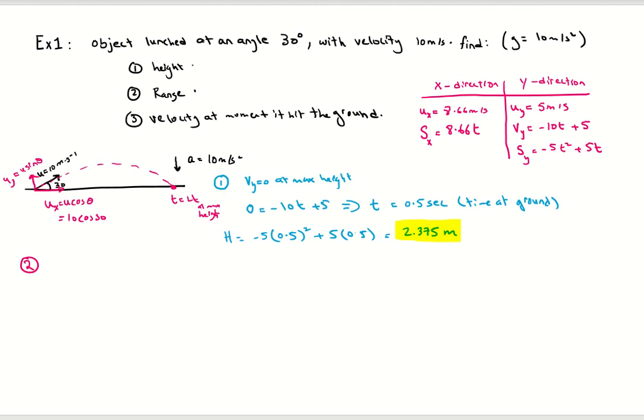Maybe I was directly asked for the range. So I need to find the time at the ground. So at the ground, Sy is equal to 0 because it's a round trip. So if I put Sy equal to 0 in this equation, which is Sy equals minus 5t squared plus 5t, I can take t as a common factor.